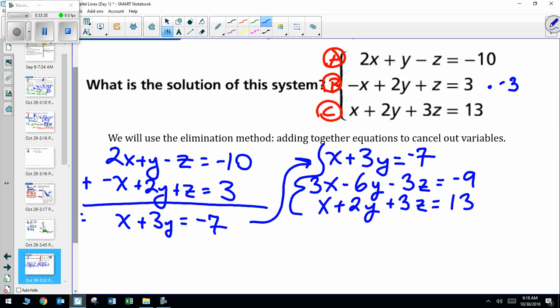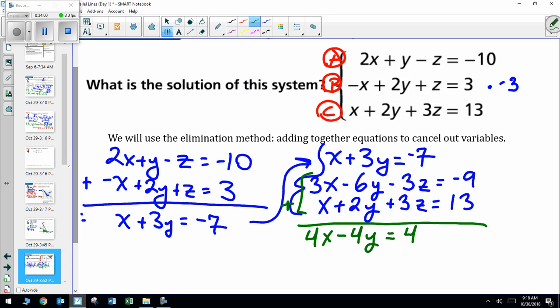Now I have that the second and third cancel out the z together. So if I add those two equations, so adding my second and third equation together, I have 4x minus 4y equals 4.